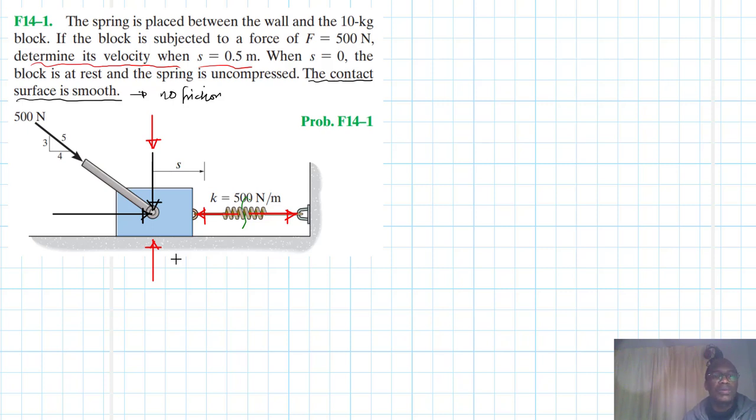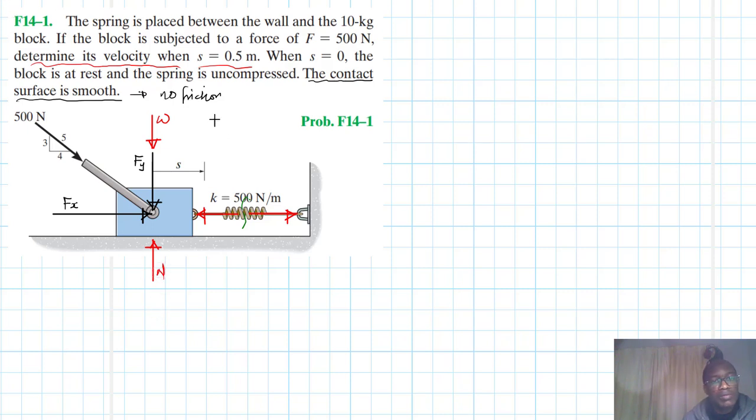As long as the spring is not compressed, you don't expect any force. So when the block is at rest, there is no force from the spring. But the moment the spring begins to get compressed, you are going to have a reaction force from the spring. So this is W, this is Fy, this is Fx, and this is the normal force.